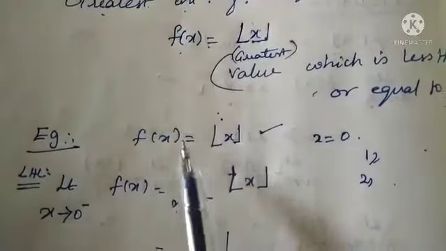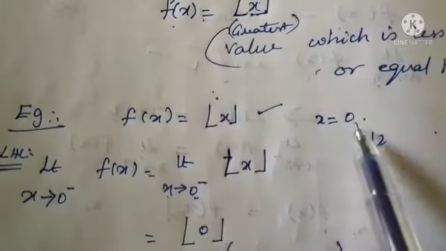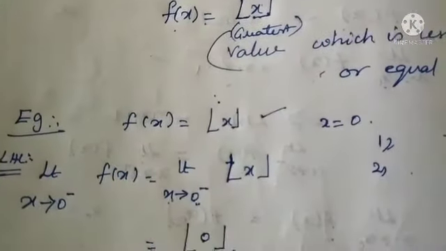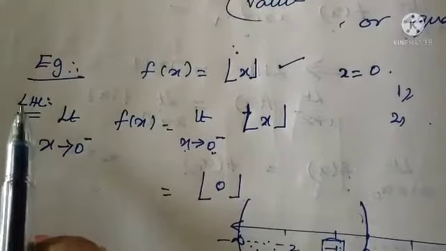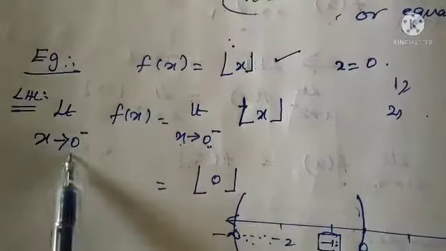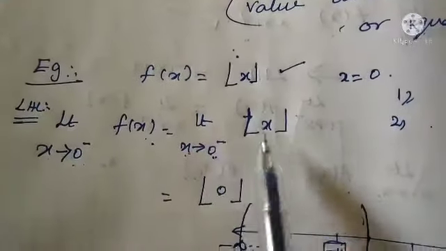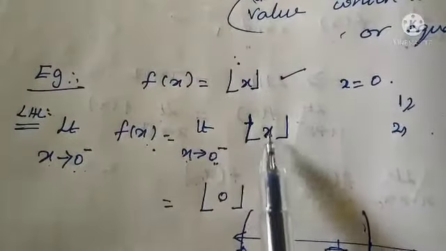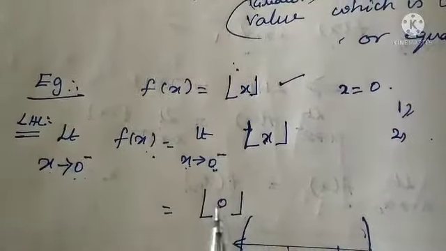Example, f of x is equal to floor of x at x is equal to 0. We are going to check using the limit. I am starting with the left hand limit: limit x tends to 0 power minus f of x. F of x is the floor of x. While substituting 0 in the place of x, floor of 0. What does it mean?